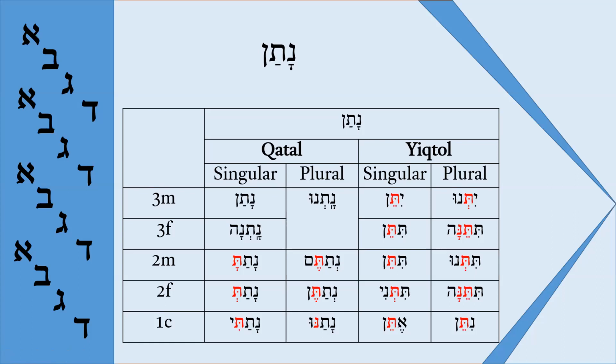Okay, Natan, he gave. Natana, she gave. Okay, right there, I'm just having a question. We say that Natan is to give. But now when it comes to this table, when it stands here, we say he gave.